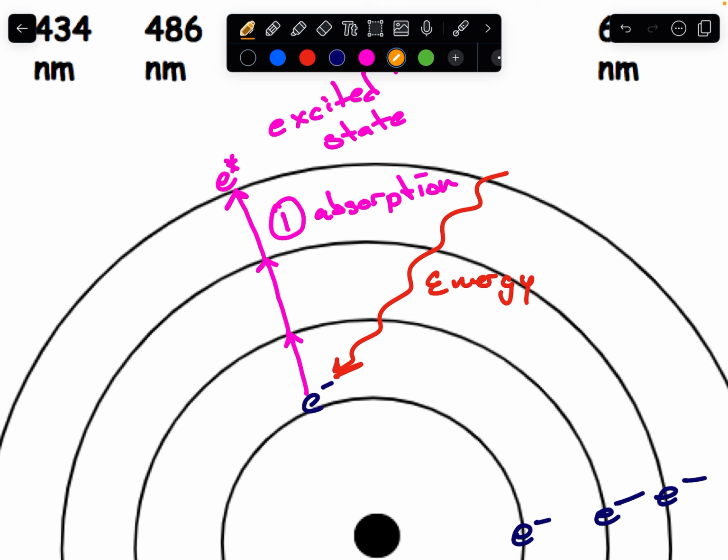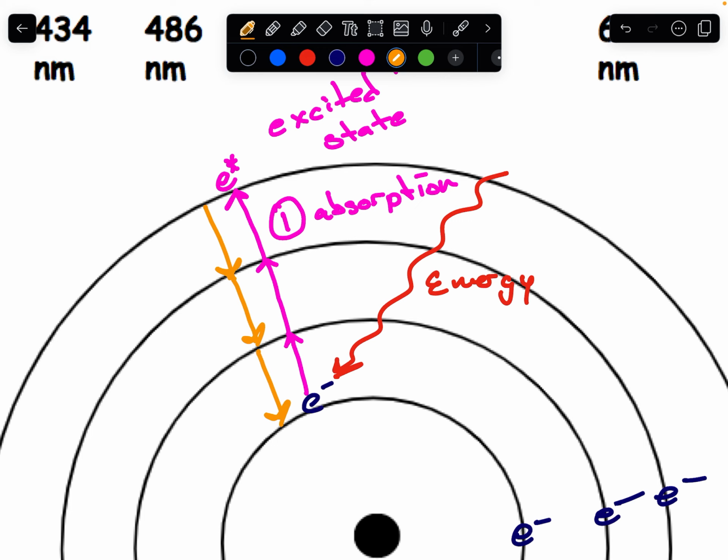Instead, what happens is that electron is going to fall back down, okay? So if it falls down, it can go down to the next level, right? Or it could go down to the next level after that, or all the way back down to the ground state. Okay?